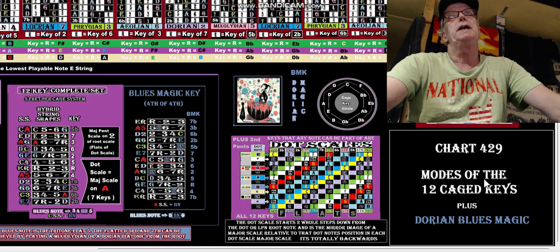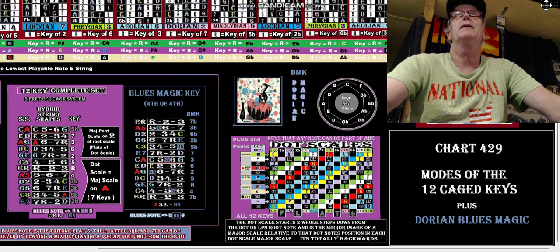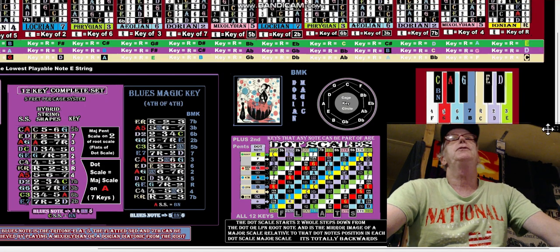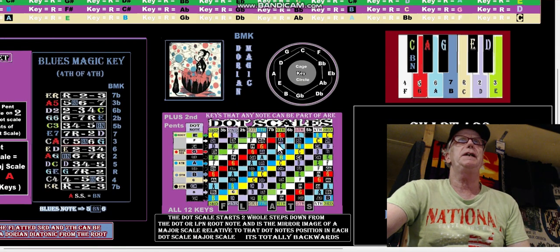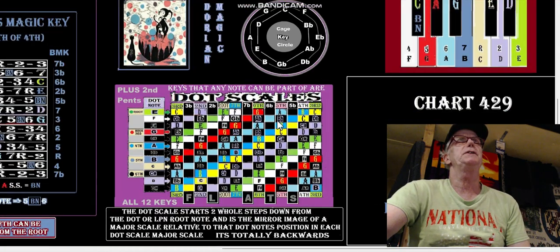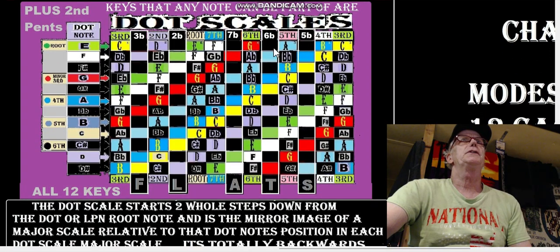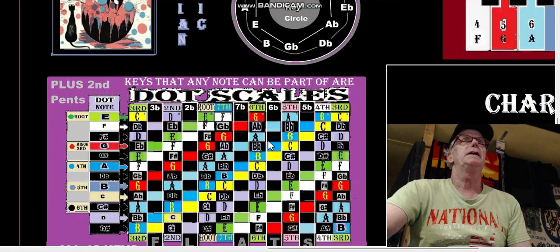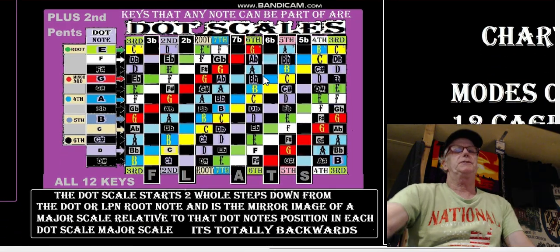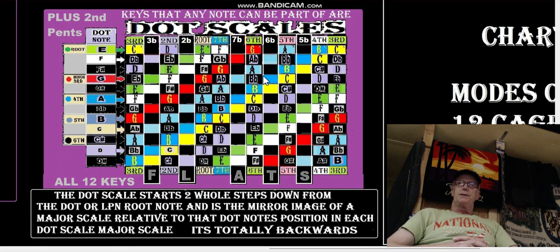Chart 429, modes of the 12 cage keys plus Dorian Blues magic. Now this is right next to Dorian Blues magic, but it isn't Dorian Blues magic. These are the dot scales, and we've talked about dot scales in the past.